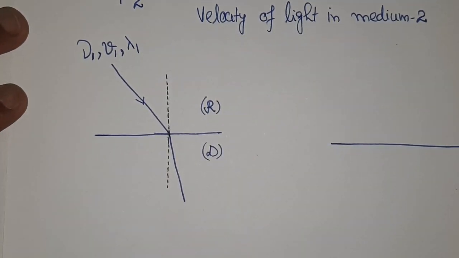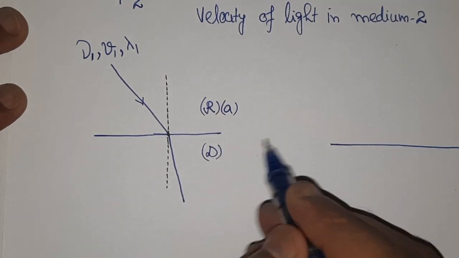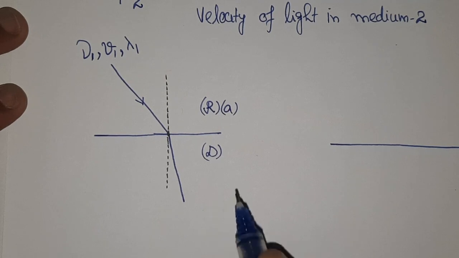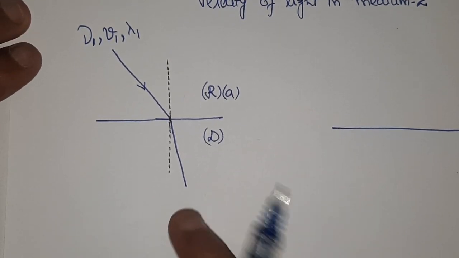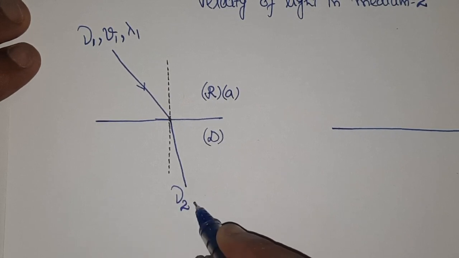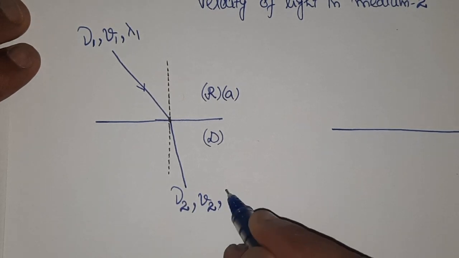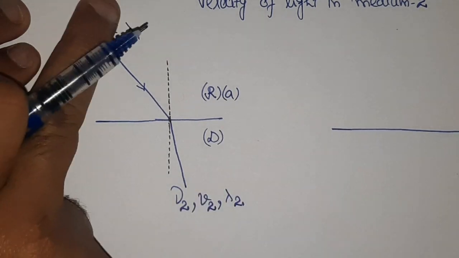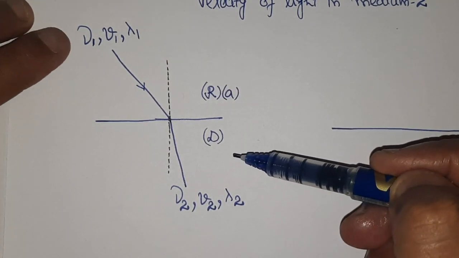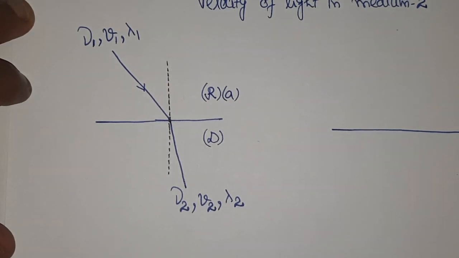Suppose the rarer medium is air, to simplify the problem, and the denser medium is any denser medium. After reaching here, what will be the value of frequency nu2 and how is it linked with nu1? What will be the velocity v2 and how is it linked with v1? And how is the wavelength lambda 2 linked with the initial wavelength? When light goes from rarer to denser medium, how will the frequency, velocity and wavelength change? Let's have that exposure.